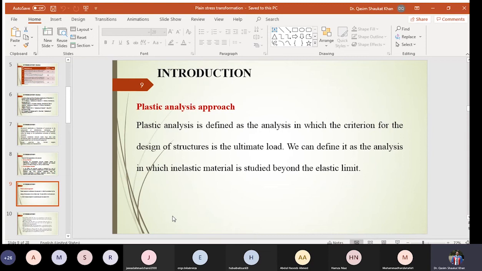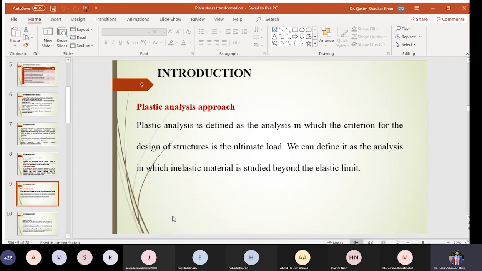So here we will also discuss plastic analysis. Plastic analysis is defined as the analysis in which the criterion for the design of structures is the ultimate load and not the yield load, and it is the analysis in which inelastic material is studied beyond the elastic limit. ठीक है जी.